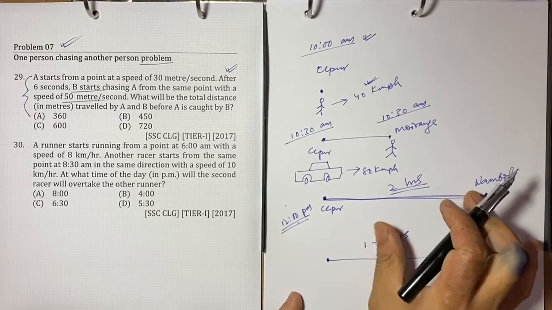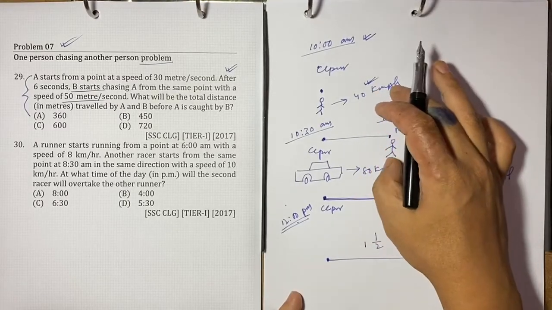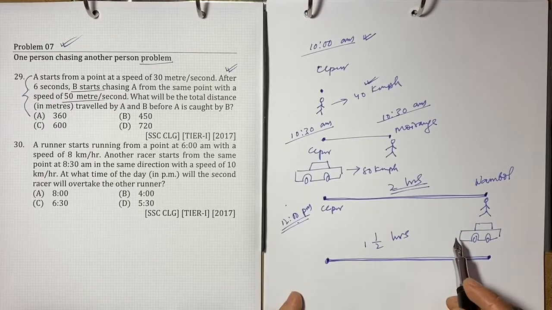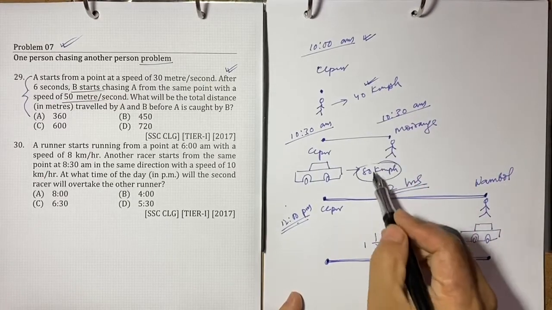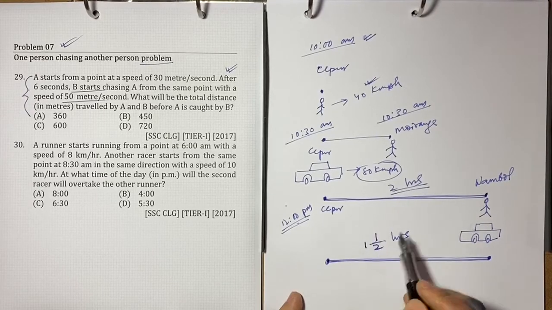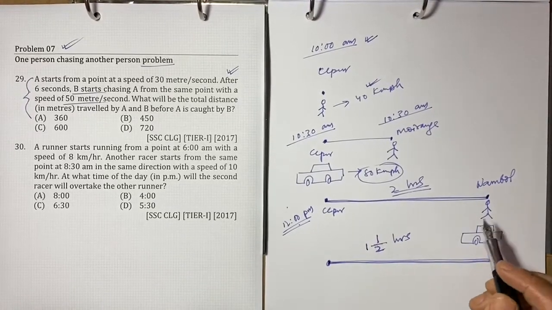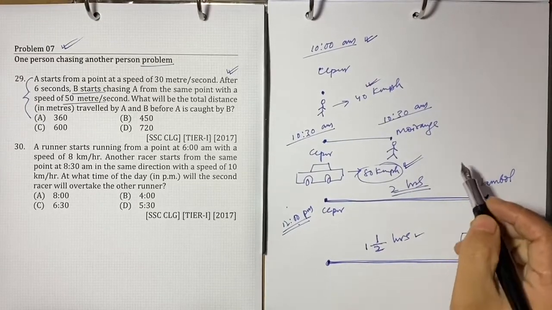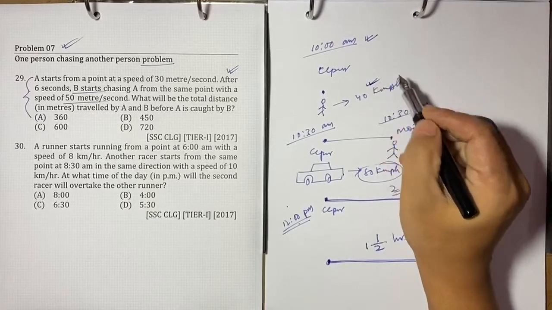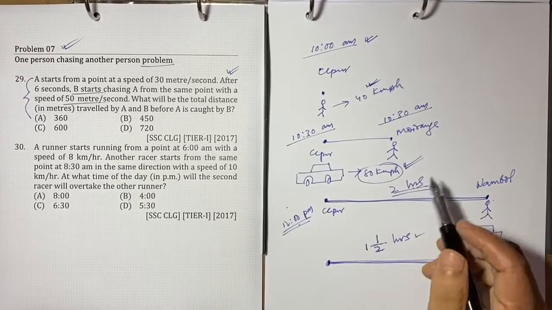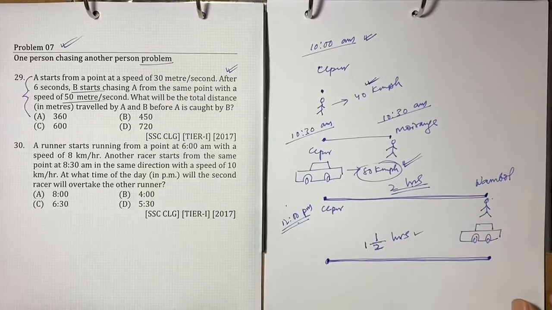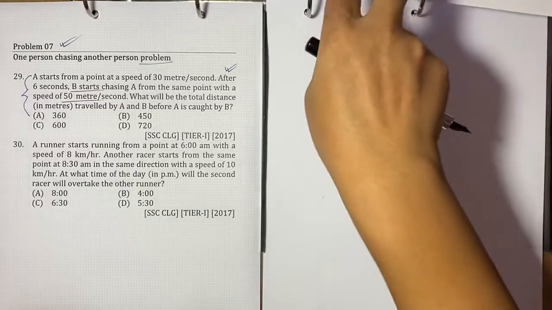In the second case the speed is 80 km per hour and the time is 1.5 hours. In both cases the distance is the same. So the logic is the highlight. It's a problem here, it's very easy.